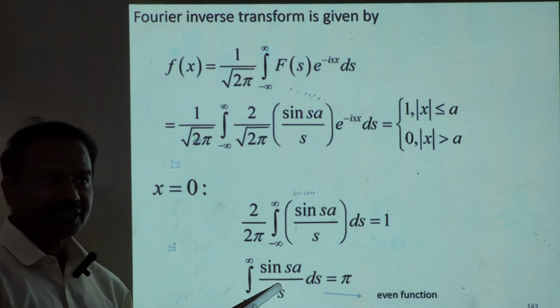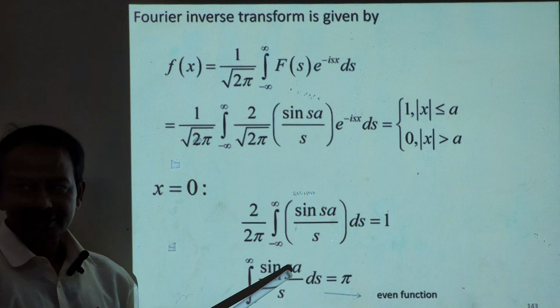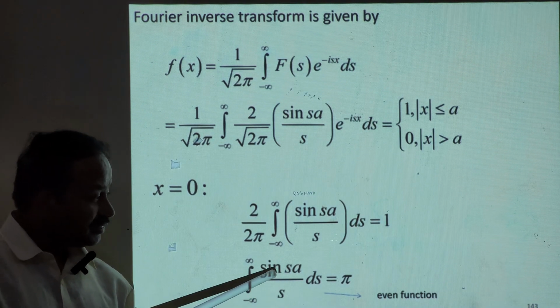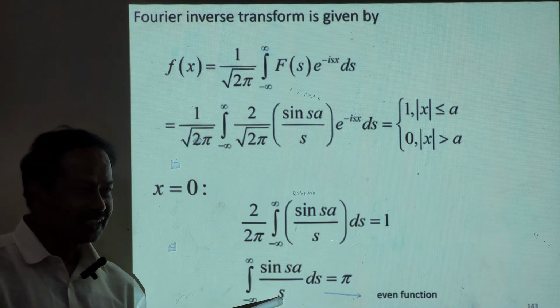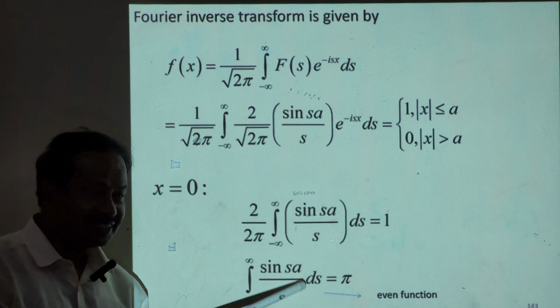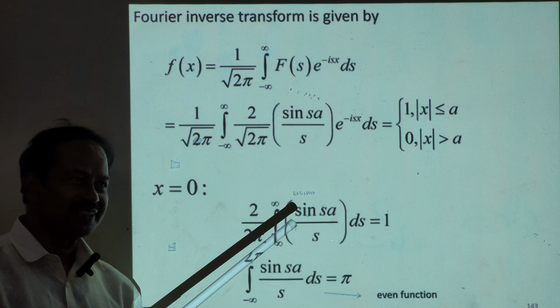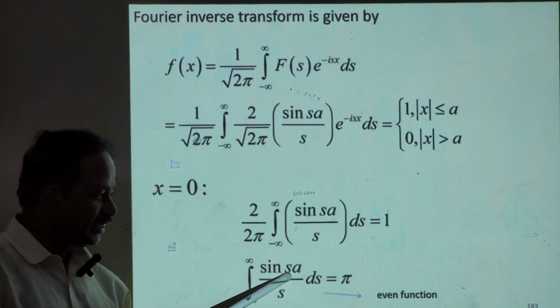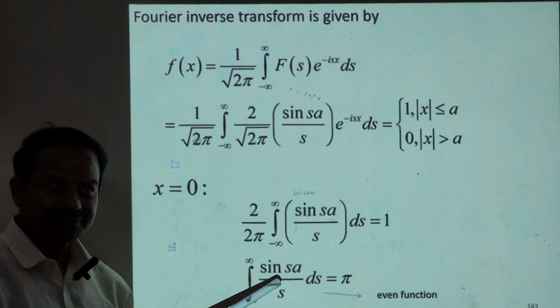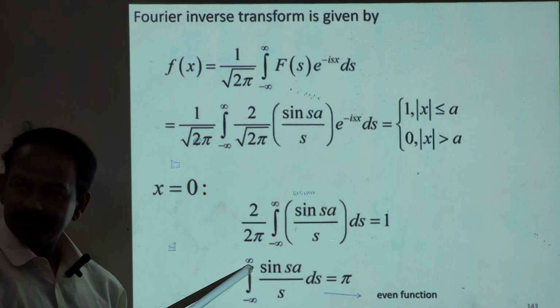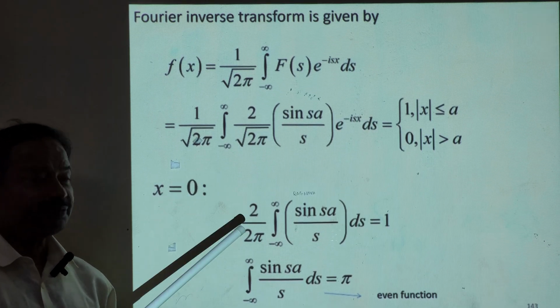Is this an odd function or an even function? Sin sa is odd and s is odd. Odd by odd is an even function. So sin sa by s is an even function. For an even function, you can write 2 times 0 to infinity.